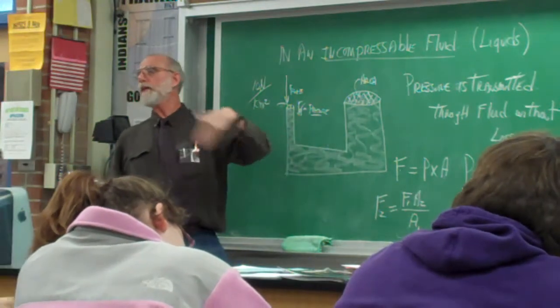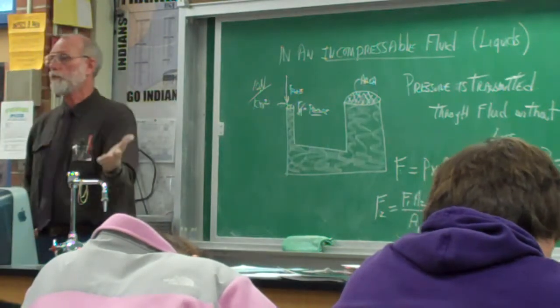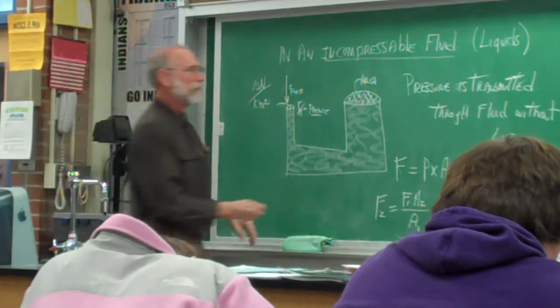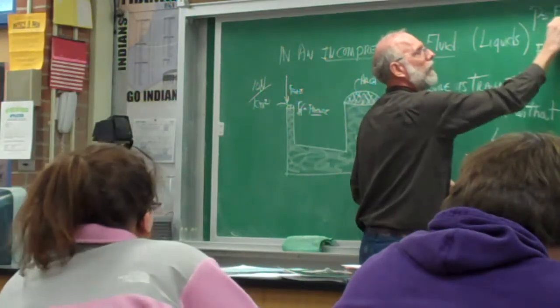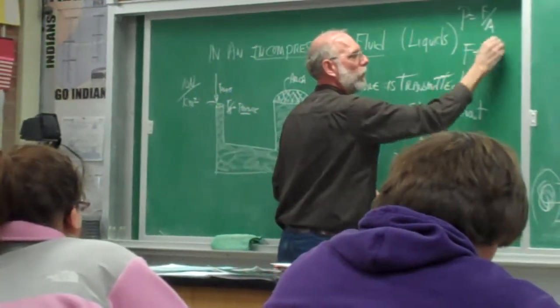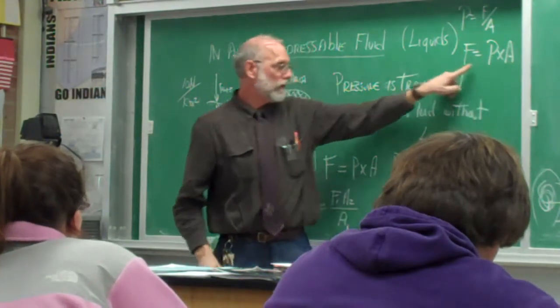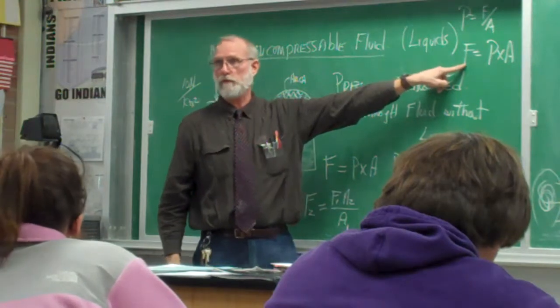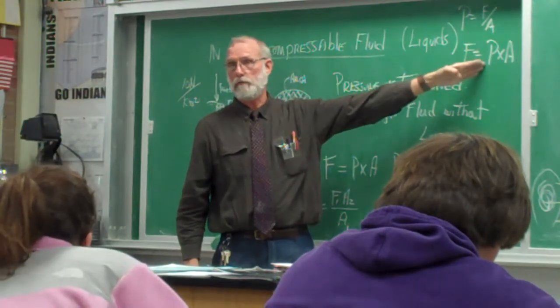So as you increase the area, you will increase the total force, even though the pressure is staying the same. Because your pressure is force over area, so pressure times area is equal to force. And you can have a small pressure but a big area and generate very, very large forces, okay, from a relatively small pressure.